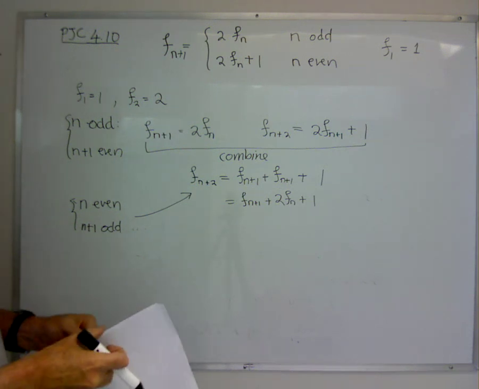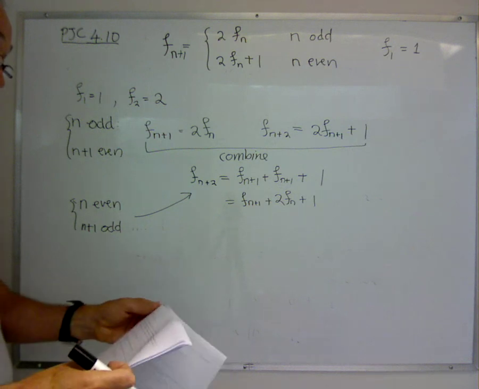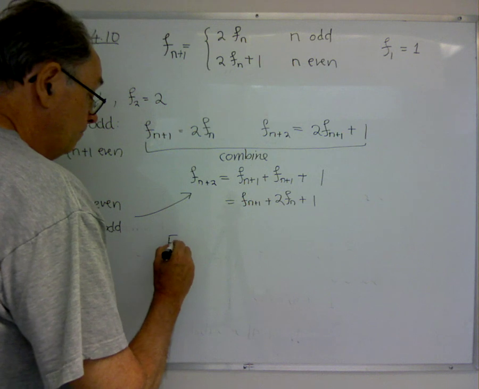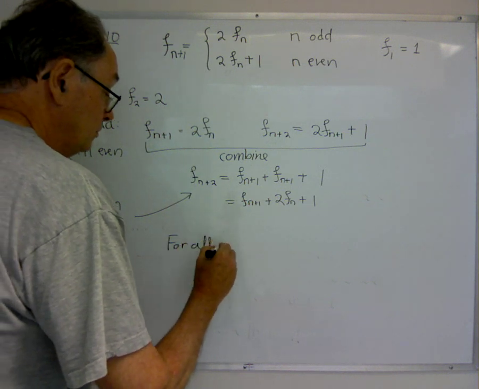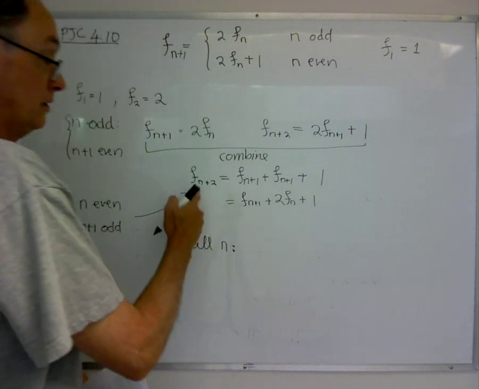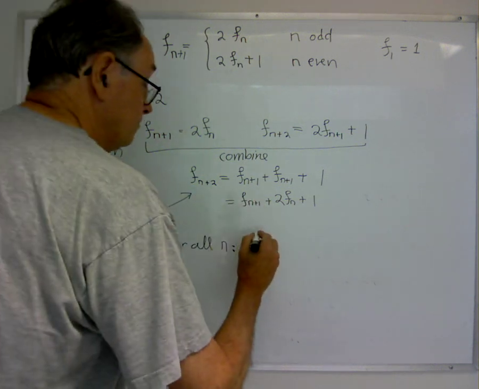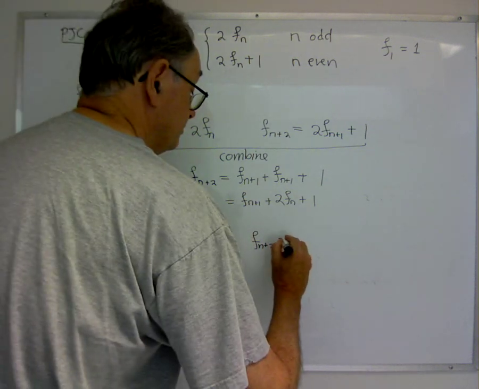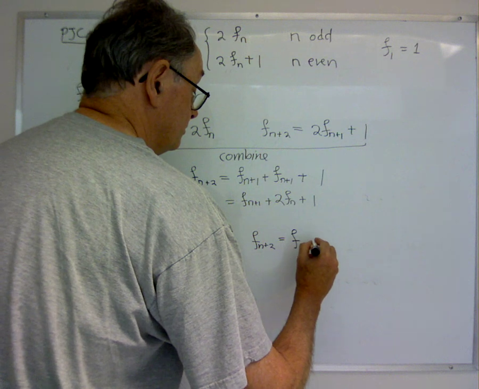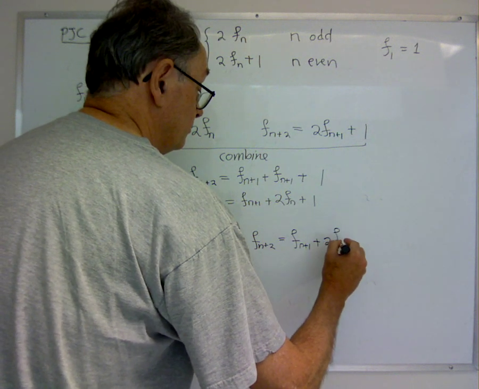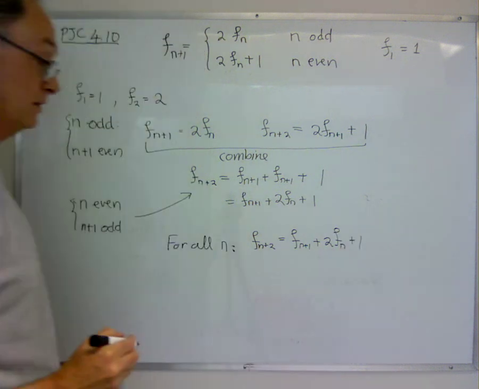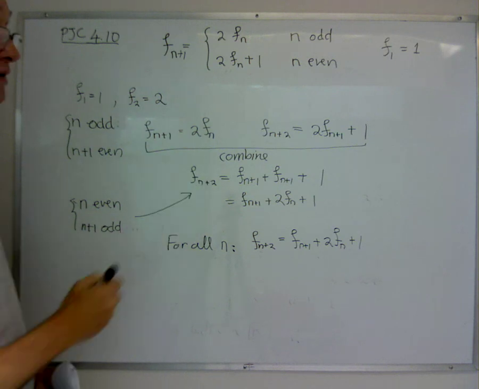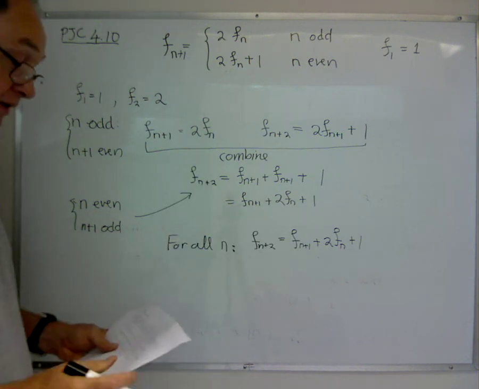So for all n, either odd or even, you get this. That is the result. You consider these two cases separately. In both cases you get this relation, and so this is what you end up with.